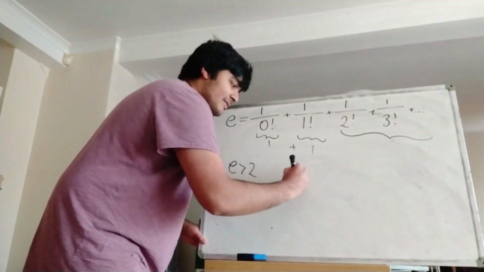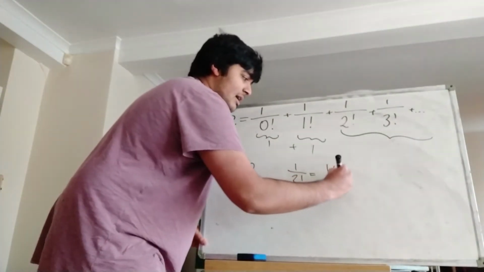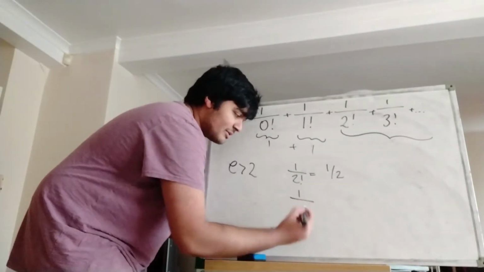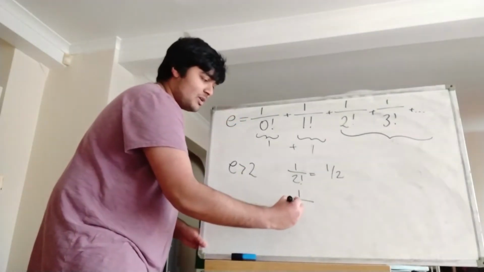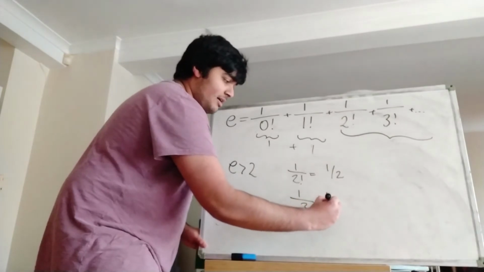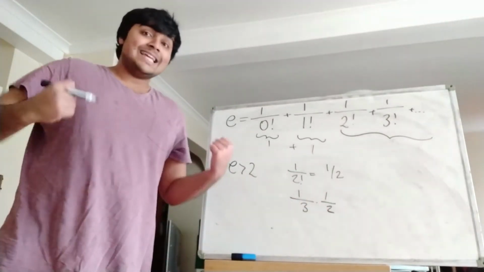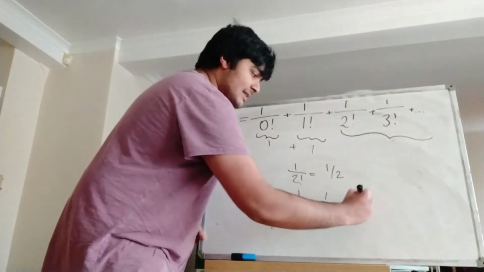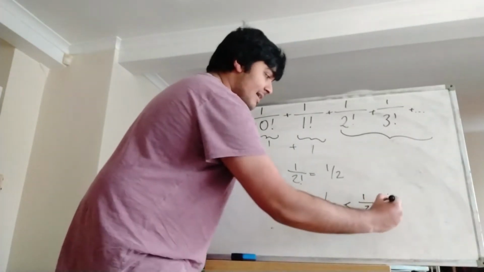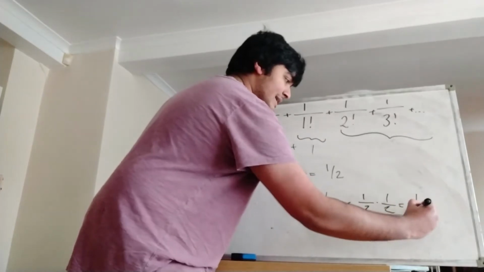Firstly, 1 over 2 factorial, that's equal to a half. Now 1 over 3 factorial, I can write this as the same thing as 1 over 3 times a half, because obviously 1 over 2 factorial is just a half, but 1 over 3 we know is less than a half, so this is less than a half times that thing there, a half, which is 1 over 2 squared.